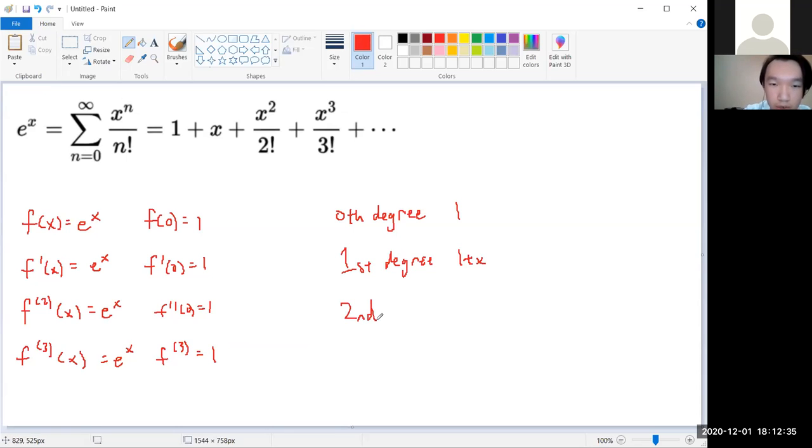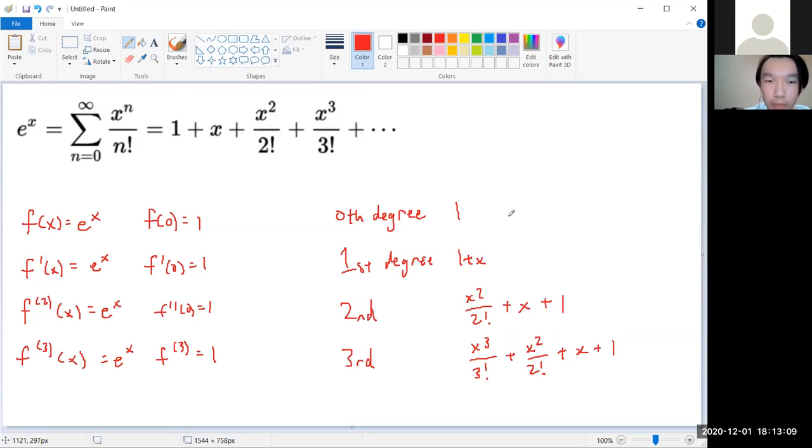The second degree is going to be x squared over 2 factorial plus x plus 1. And then the third degree, which is x cubed over 3 factorial plus x squared over 2 factorial plus x plus 1.